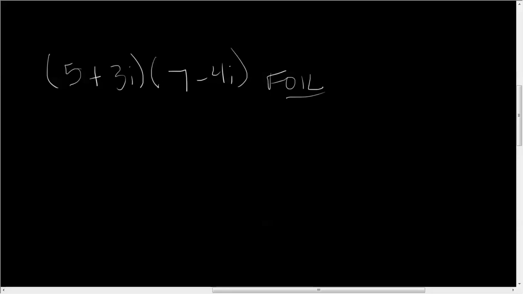Multiplying, this should look a little familiar to you from Algebra 2, maybe Algebra 1. What we have here is essentially two binomials. So we have to use the FOIL method to multiply them together. So I'm going to multiply my first, 5 and 7, that gives me 35.